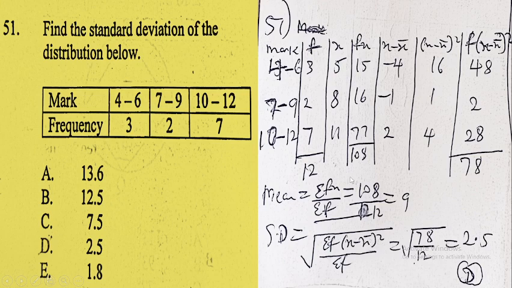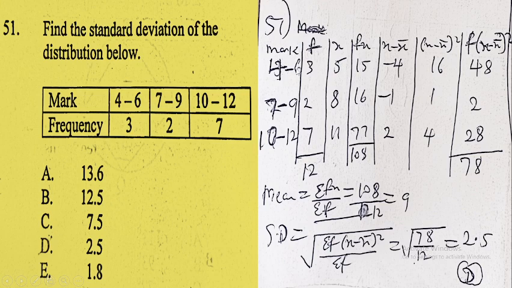We need the mean. So how do we get the mean first? We first of all get the midpoint of this mark, which will be our x, because we know that mean is summation fx over summation f. We know we have our f, but we don't have our x. But we can get our x from the class interval, which is the mark.